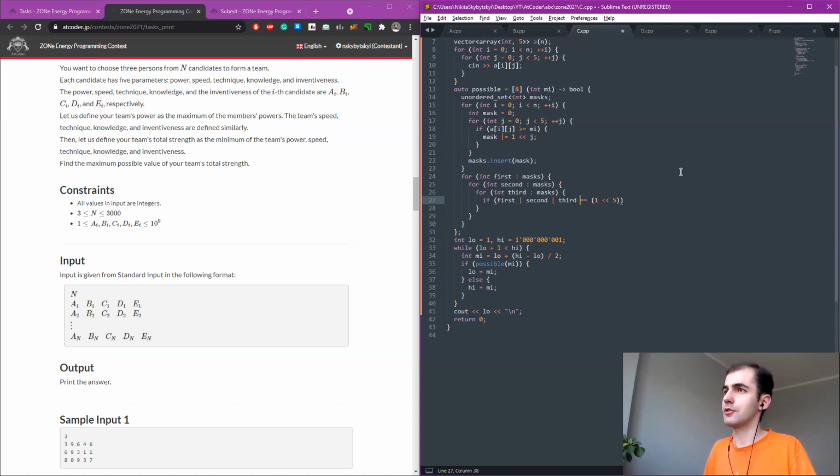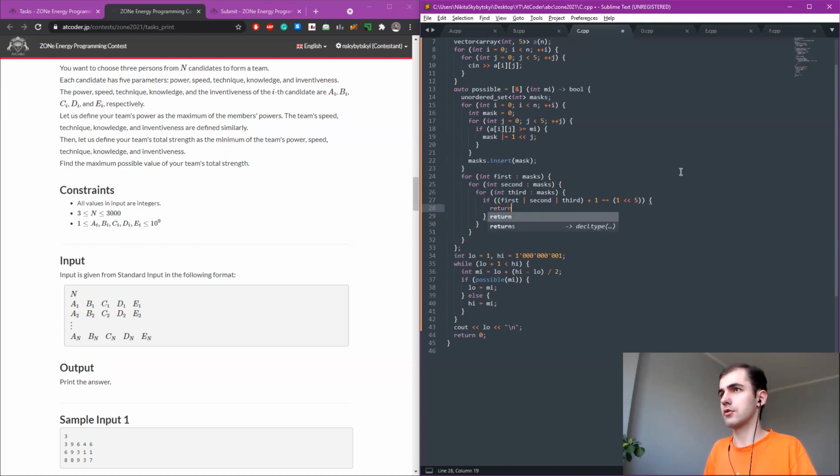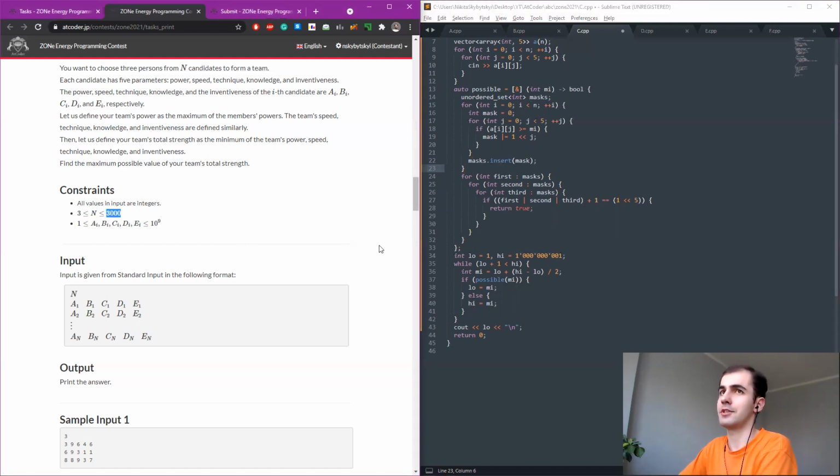And I believe we should write +1 on that side. Let me just make it more generic, then I can return true. That will work fast enough because how many masks are there? Do you know? At most 32. So 32 times 32 times 32. It's 2 to the 15th, and we have a binary search, so it's fine. It's like a linear scan and then something. I believe the expected solution was different because n is up to 3000.